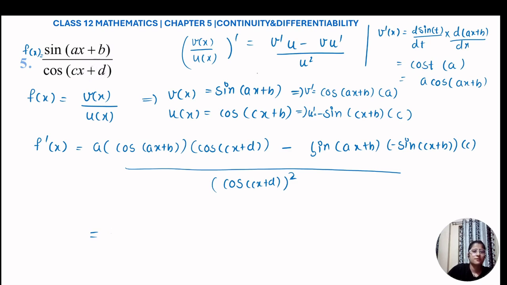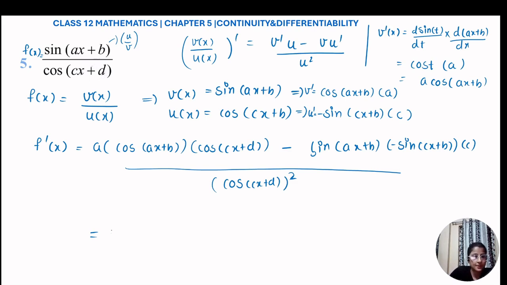I have used v by u, but it's fine. You have learned your formula using the u by v rule, but just interchange the variables. Both are the same. Take v by u or u by v, it will work the same. The name of the variable doesn't matter.